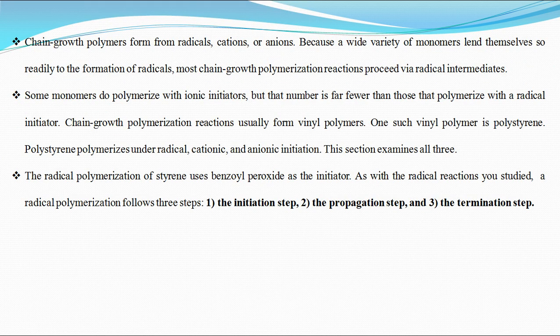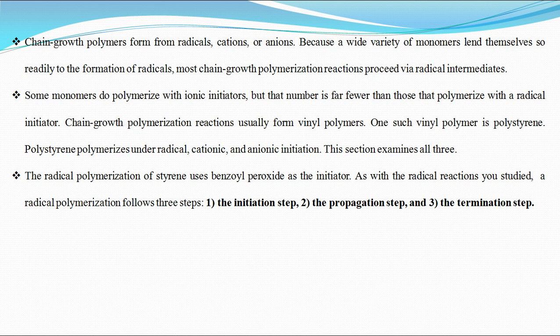Chain growth polymers are formed from radicals, cations, and anions, because a wide variety of monomers lend themselves readily to the formation of radicals. Most chain growth polymerization reactions proceed via radical intermediates. Some monomers do polymerize with ionic initiators, but that number is far fewer than those that polymerize with a radical initiator.